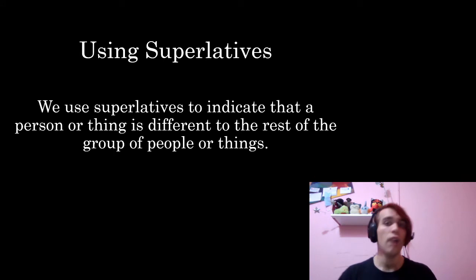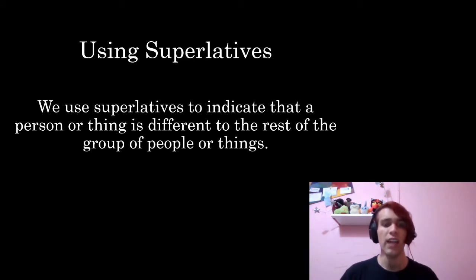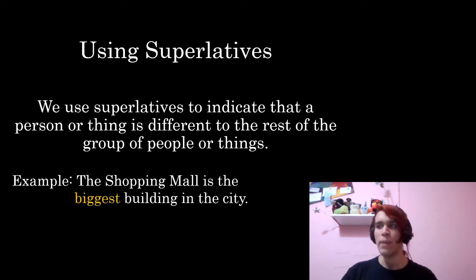But now, how do we use superlatives? We use superlatives to indicate that a person or thing is different from the rest of the group of people or things. For example, the shopping mall is the biggest building in the city. What is being said is that there is a building that is bigger than any other building in the city.